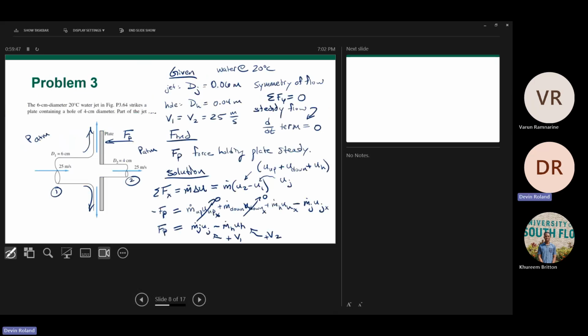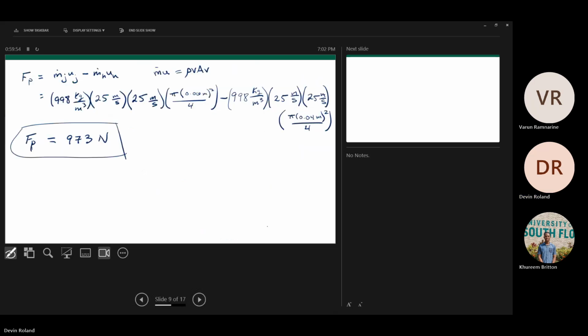Because they're both going to the right, you plug in positive v1, positive v2. One of those is for the mass flow rate calculation, and the other is the velocity that u became. So that's why there are two of those.